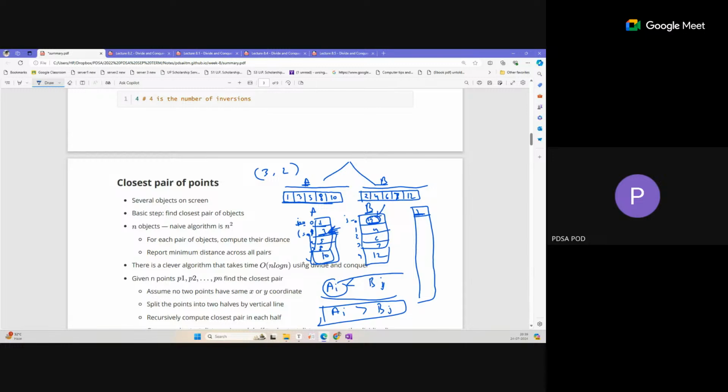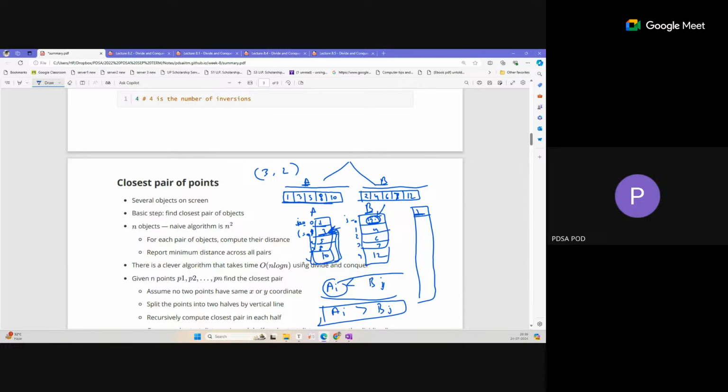If this 2 is smaller than 3, all elements coming after this 3 will also be greater than this 2. So this 2 will also make an inversion with all the remaining elements after 3 in this A list.